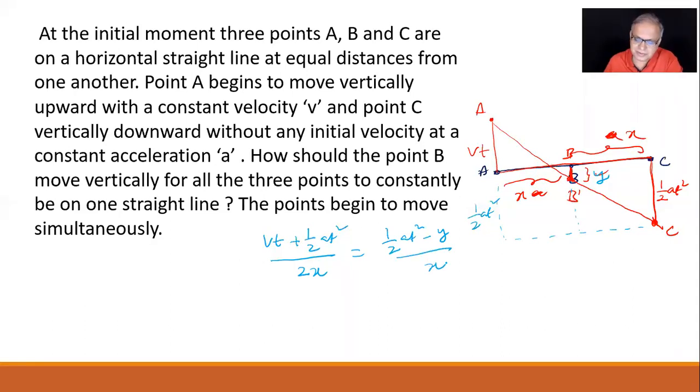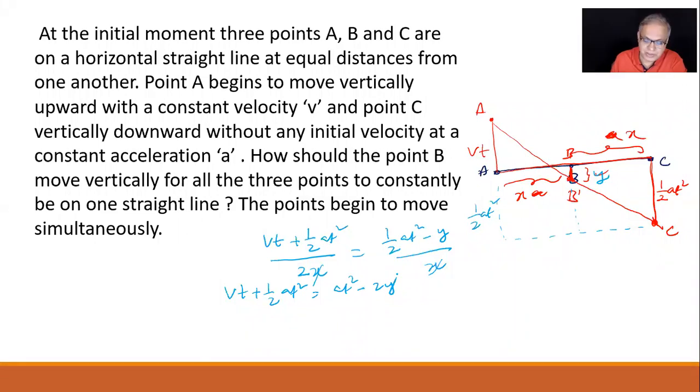So I think it's happening like this with a single step. Half at square minus y by x. The x cancels, children. So what do I get? Vt plus half at square is equal to at square minus 2y.